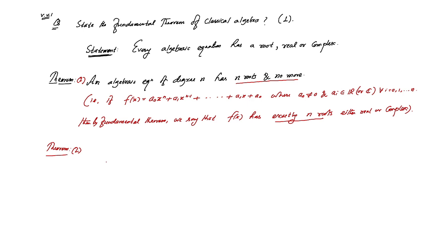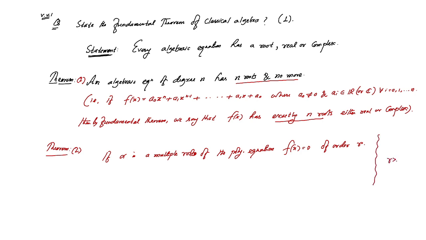There is another important theorem: if alpha is a multiple root, that means the root occurs more than one time, a multiple root of the polynomial equation or algebraic equation f(x) equals 0 of order r. So that means r is greater than or equal to 2, because it is given as a multiple root.